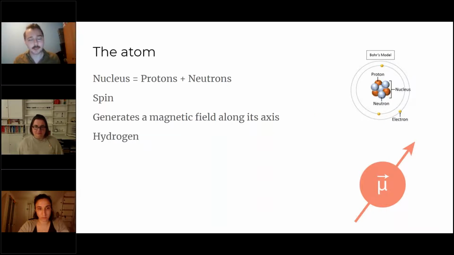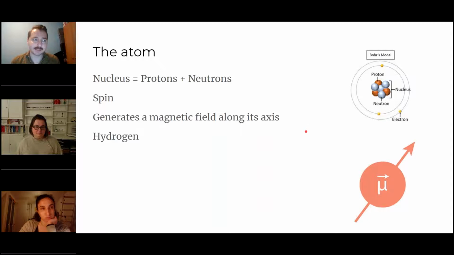And the important part is that during this spinning motion, these little guys actually generate a magnetic field, and the direction of this magnetic field depends on the orientation of the axis they are spinning in. Every atom has this property, but when it comes to fMRI, we only really care about the hydrogen atom, for various reasons.